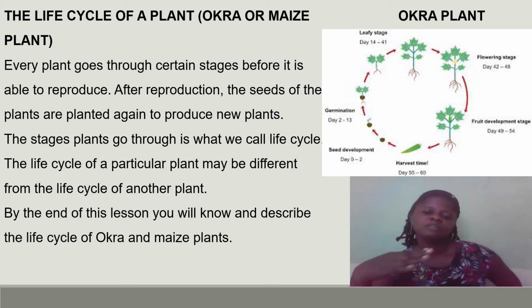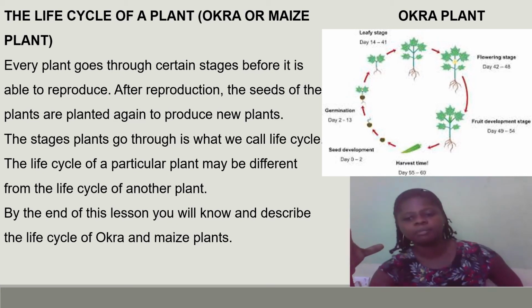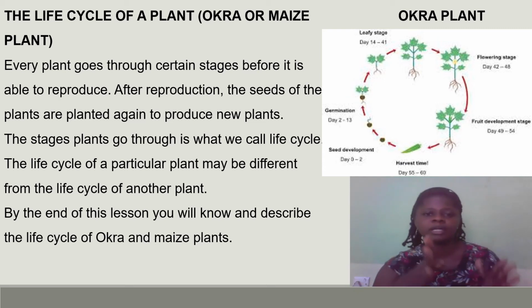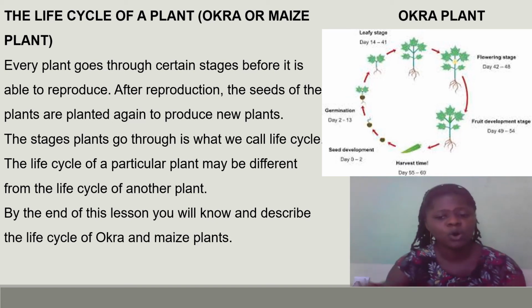That small leafy plant is also going to grow to become a flowering plant. So from the seed, it will get to a stage where the seed is going to germinate, sprout out of the soil. Then you are going to see small leaves on the plant.